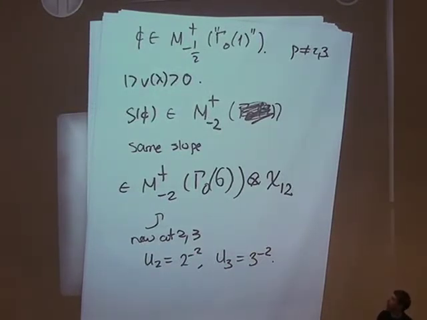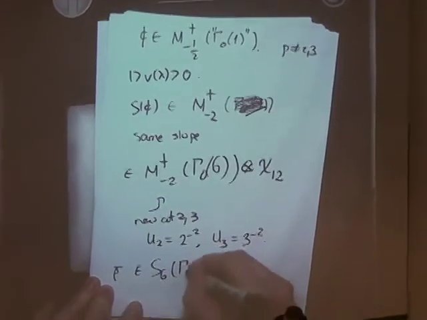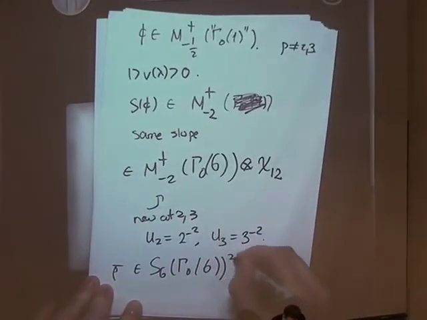Again, you can use Buzzard G to produce some rho bar. And what do you end up with? Well, you end up with, again, getting some rho bar, which in this case will have to have weight 6. It will have to have level gamma 0, 6. And again, it will have to be nu 2, 3.